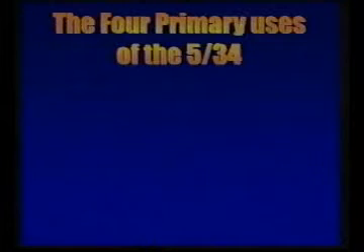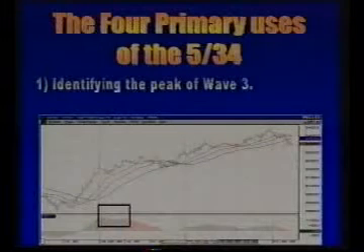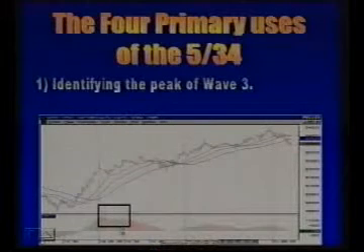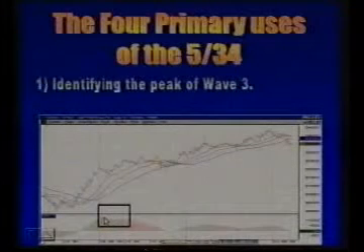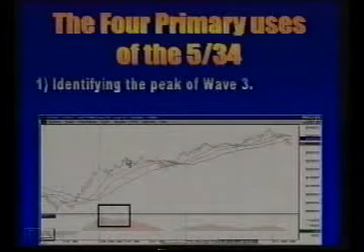Now, the 534 oscillator is a very, very powerful tool, and there are 4 primary uses of that 534. One primary use is identifying the peak of wave 3, and that peak of wave 3 will always be a peak in the momentum. What you see here is a peak, then it comes back down and it peaks again at a higher price.